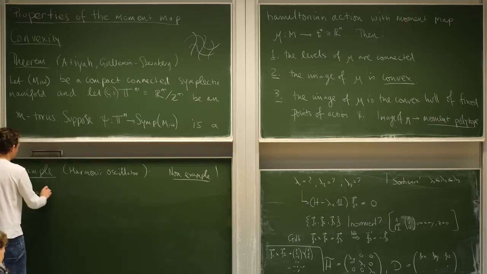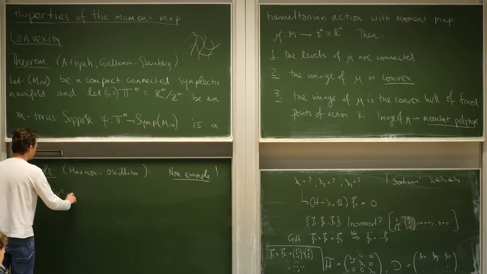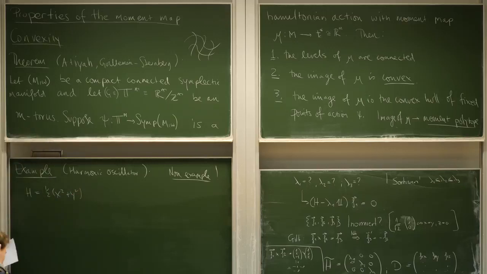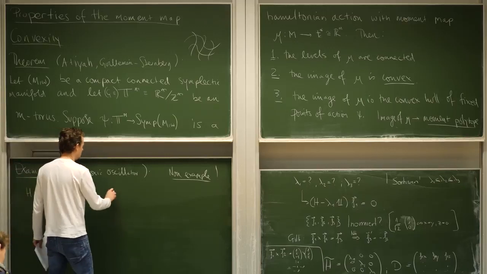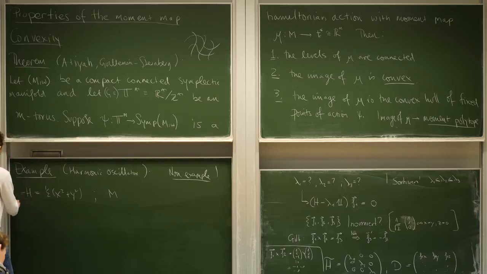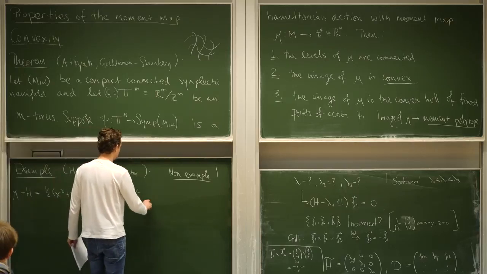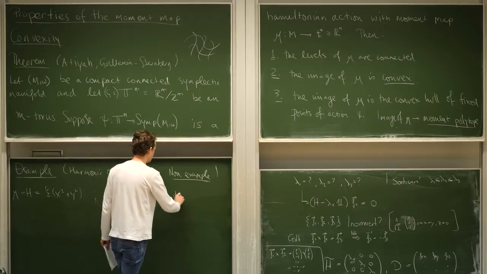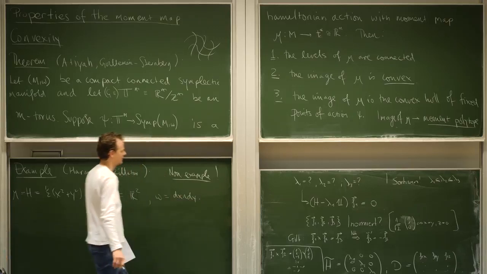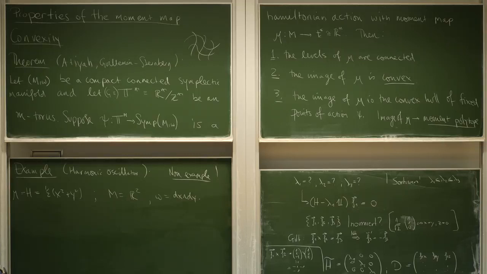So the Hamiltonian is a half x squared plus y squared. And M, so the Hamiltonian is the moment map in this case, right? M is just R2, and omega is just dx wedge dy. Okay, this is our go-to example for illustrating things in symplectic geometry.